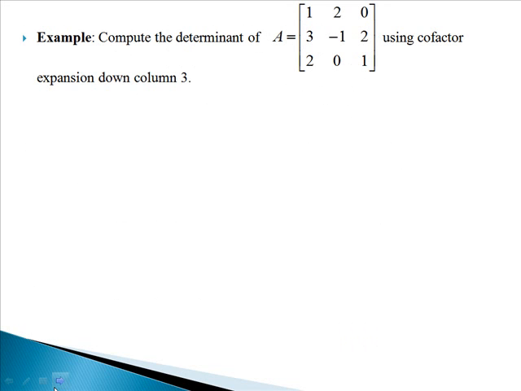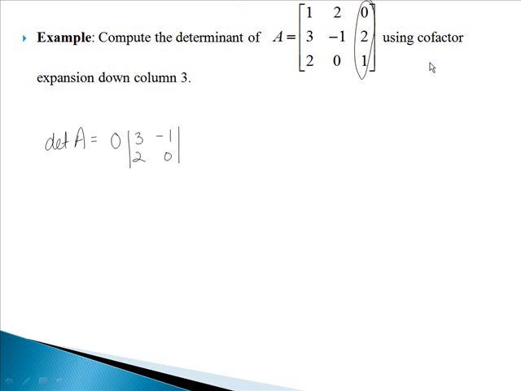Here we want to compute the determinant of A using cofactor expansion down column 3. So we want to find the determinant of A, and we start with our first entry, which is 0, times the determinant that we get from deleting the first row and the third column, which is 3, negative 1, 2, 0.